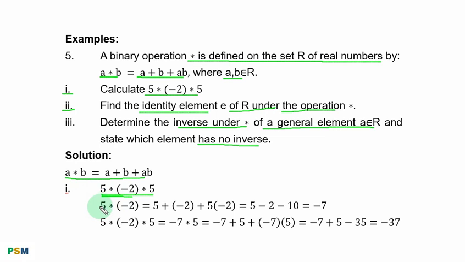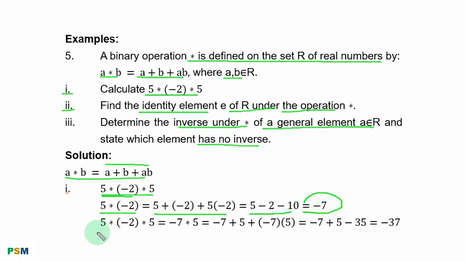So taking 5 asterisk minus 2 means A is equal to 5, B is equal to minus 2 in this expression, and you have this result. That simplifies to 5 minus 2 minus 10, that is minus 7.